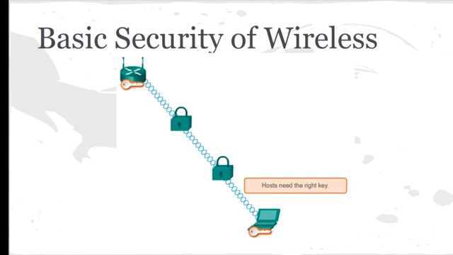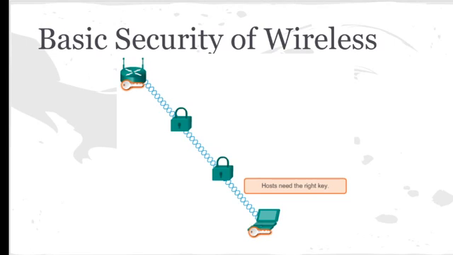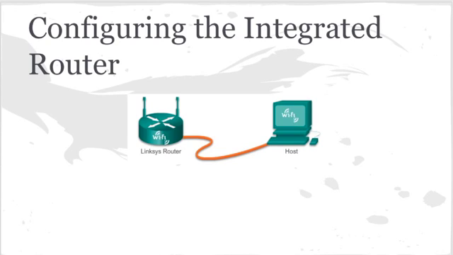If a person wants to go further in protecting the security of a network, additional security implementations can be configured, such as MAC address filtering, authentication, and traffic filtering. In order to configure all these options in an integrated service router, a computer must be connected to one of the Ethernet LAN ports in the back of the router.